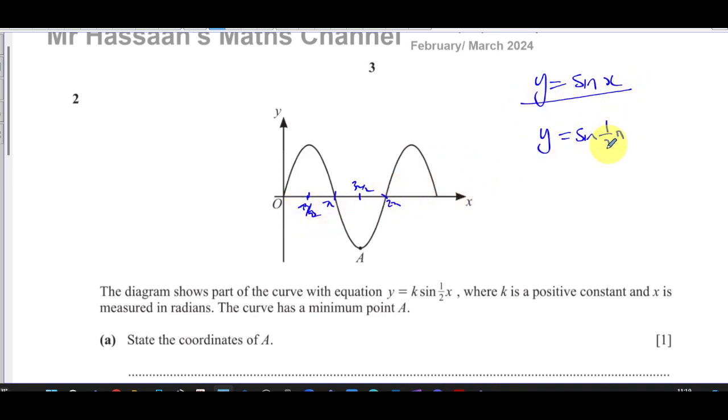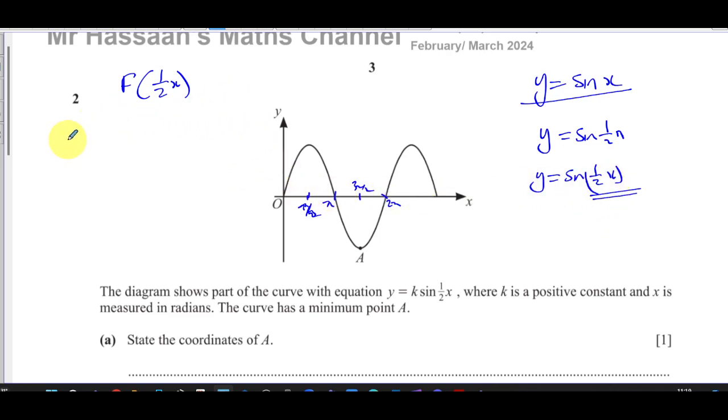Now, when you have y equals sine of a half of x, it's like you've replaced the x with a half of x. So it's inside the function that the transformation is taking place, so it's only going to affect the x coordinates, and it kind of does the opposite.